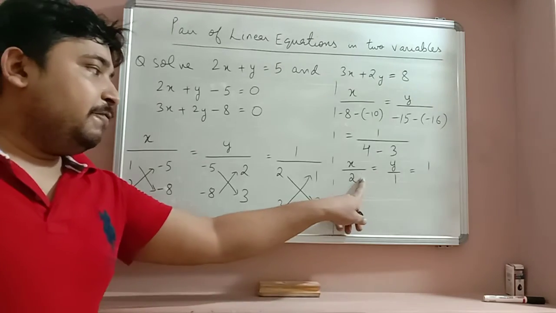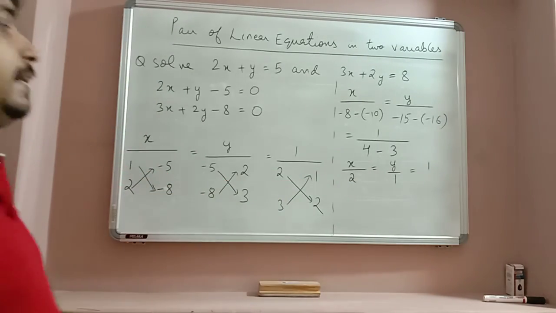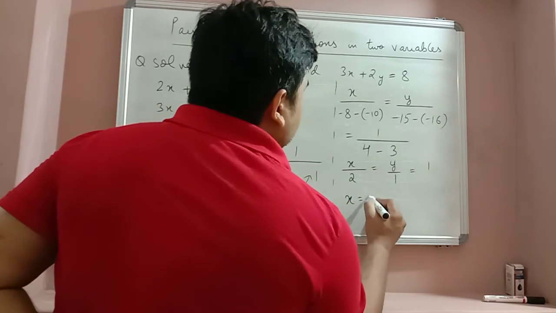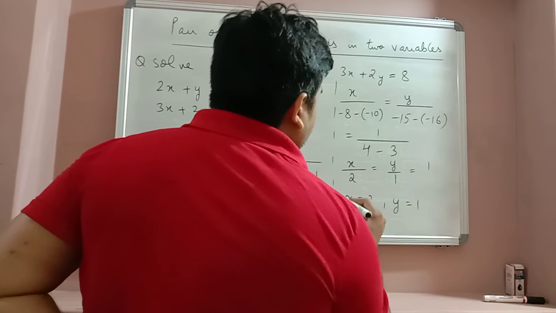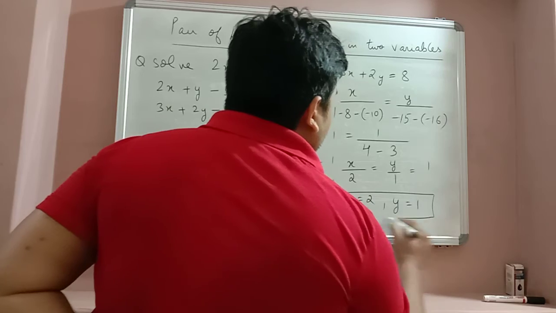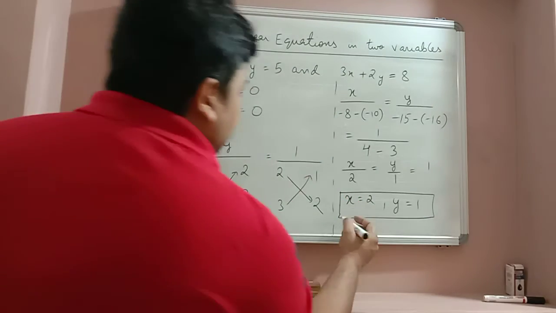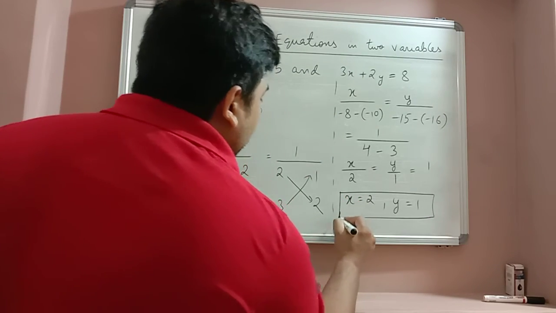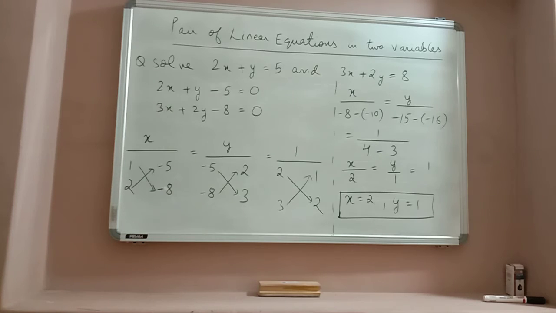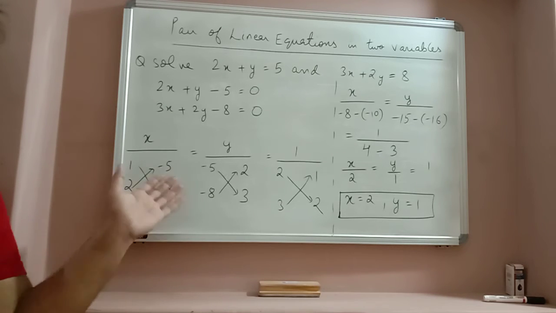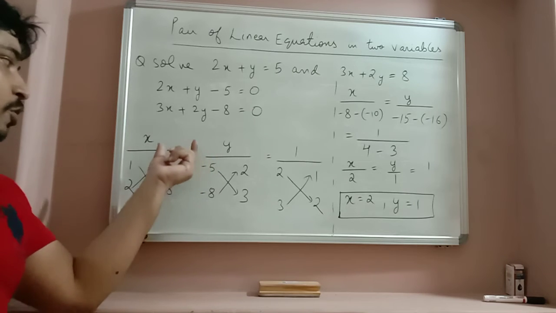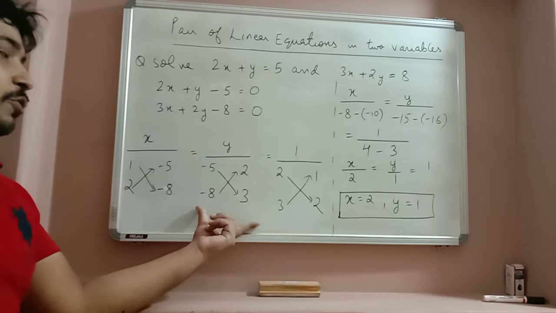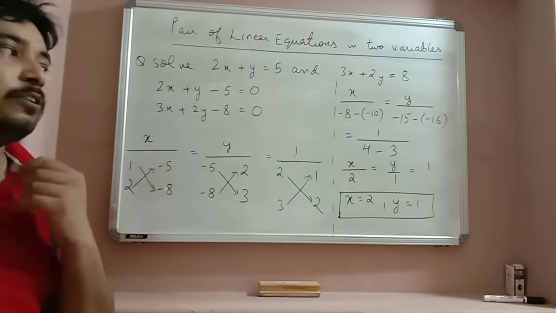Alright, so equating the first and the third ratio, I will get x equals to 2, and equating the second and the third ratio, I will get y equal to 1. So x equals to 2 and y equals to 1 is the solution to these equations. I hope this is clear to everyone. Once you know how to get these ratios, it is very simple to find out the values of x and y.